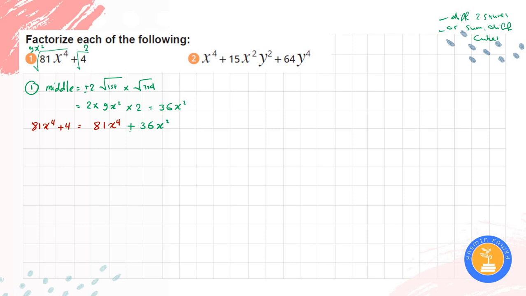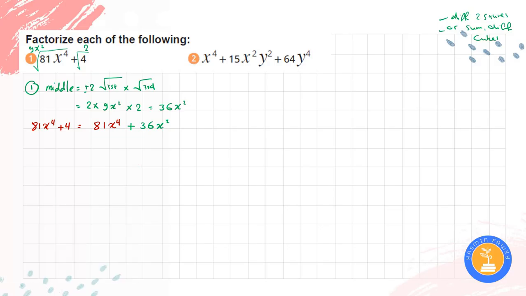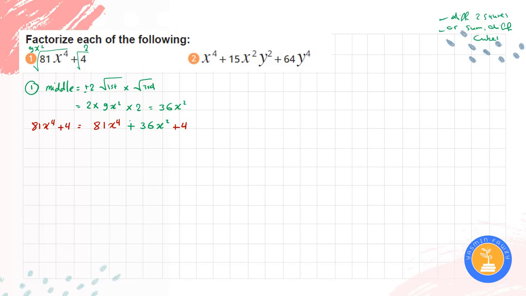But remember, when we complete the square, the last step has to be a difference between two squares, just like the previous video, to be able to completely factorize the expression. Then let's put the third term, which is 4. Now I add a term to keep the balance of this expression and not affect the result. Wherever I add, I have to subtract. So minus 36x to the power 2.